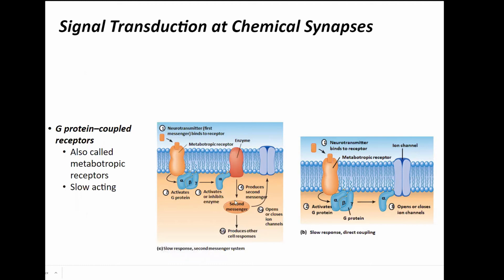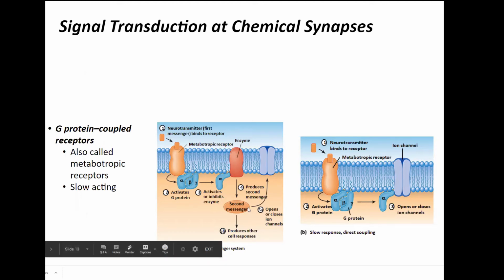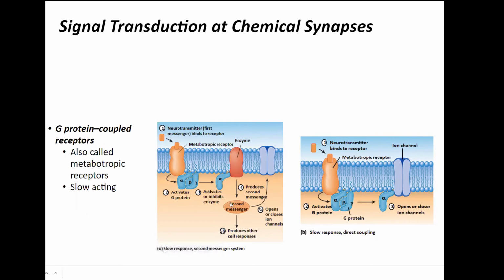And then the cell has a lot of secondary responses to that second messenger we've made. One of those responses, if we're talking about these neurotransmitters, will be to open or close some kind of ion channel. So, like I said, we do eventually get to an ion channel. It's just a lot more complicated than with the ionotropic receptors. With the ionotropic receptors, we immediately open the ion channel because the receptor was an ion channel.